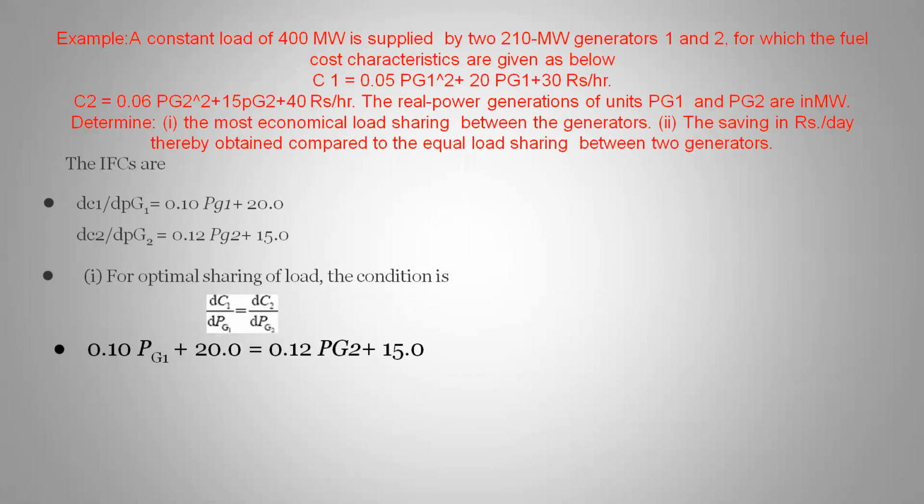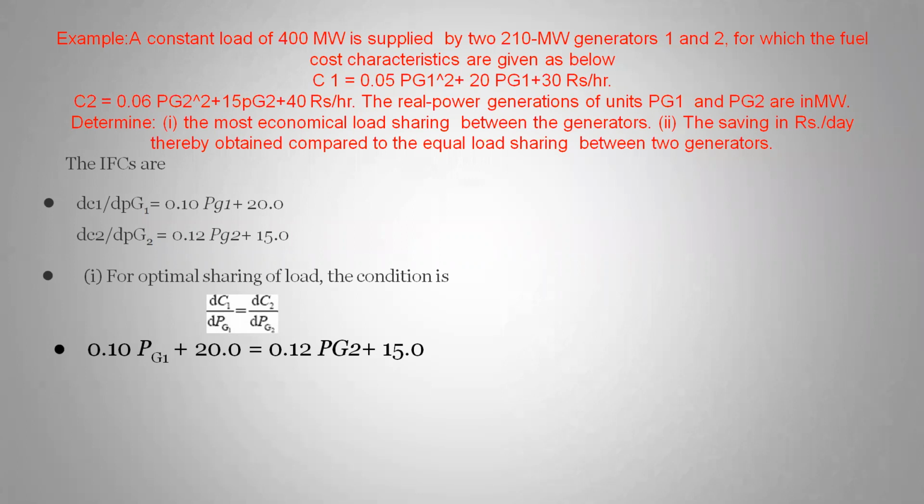A constant load of 400 megawatt is supplied by two 200 megawatt generators, 1 and 2, for which the fuel cost characteristics are given. C1 is 0.05 Pg1 square plus 20 Pg1 plus 30. C2 is 0.06 Pg2 square plus 15 Pg2 plus 40 rupees per hour.